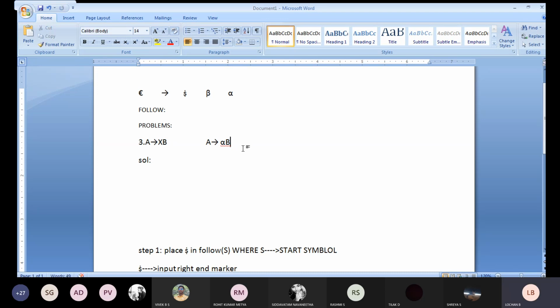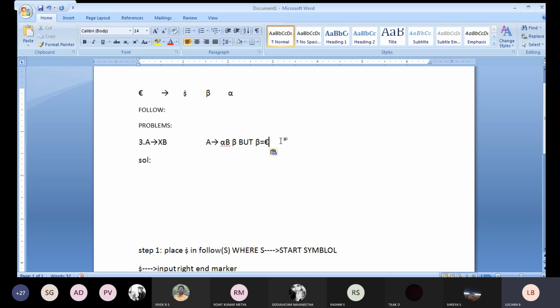If you see this particular form, what will the alpha value be? Alpha value will be X. B you are going to get as B. But what will the beta value be in this particular case? Beta value you are going to get as epsilon. Do you agree? This format, A implies XB, is as usual in step 3.